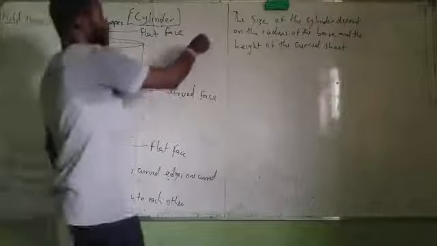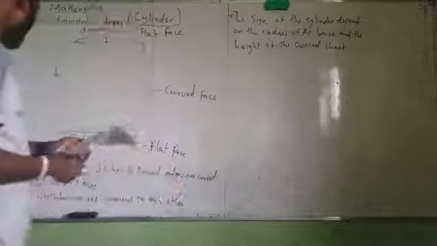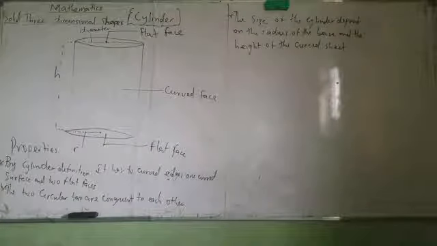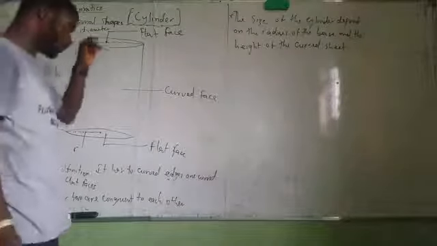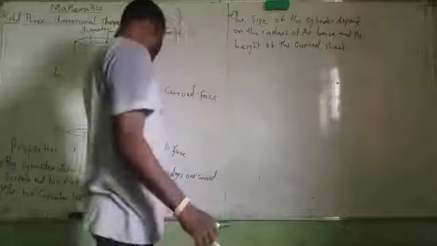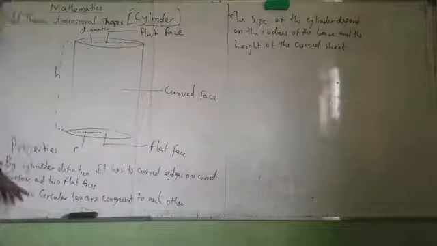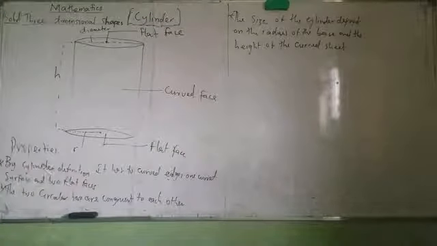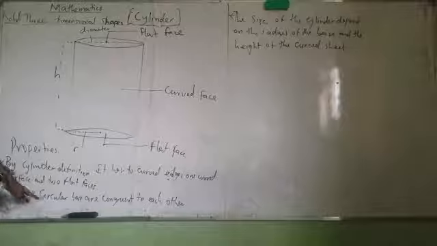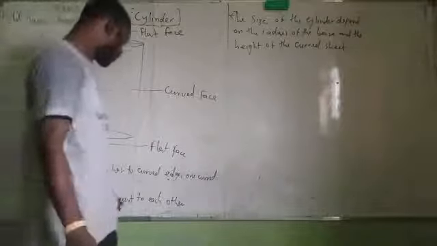I think I've explained that earlier. A cylinder, by definition, has two curved edges, one curved surface, and two flat faces. These two circular bases are congruent to each other.